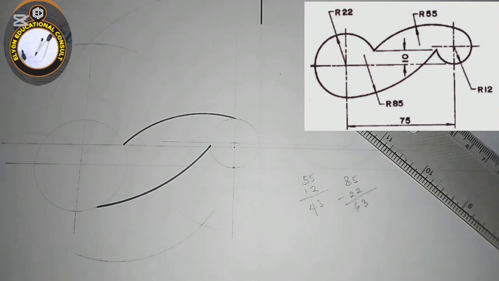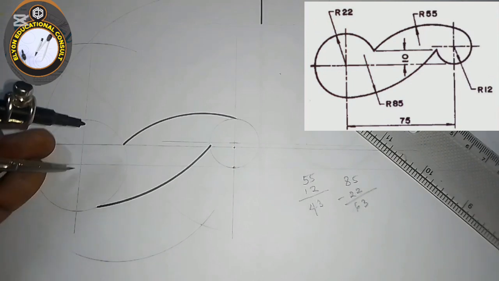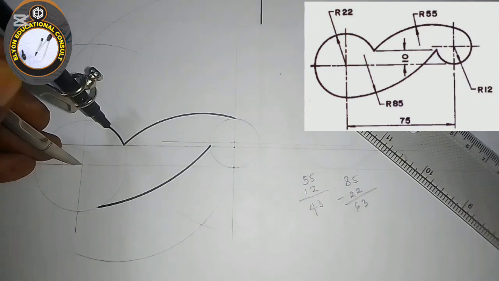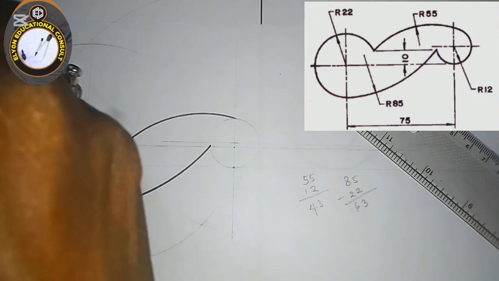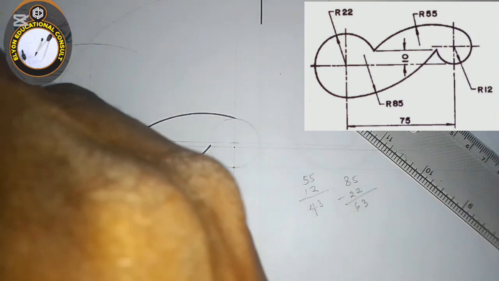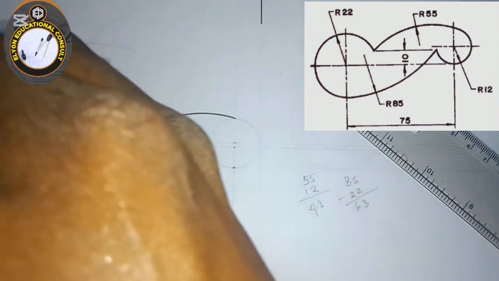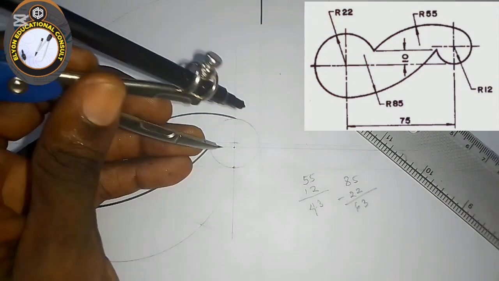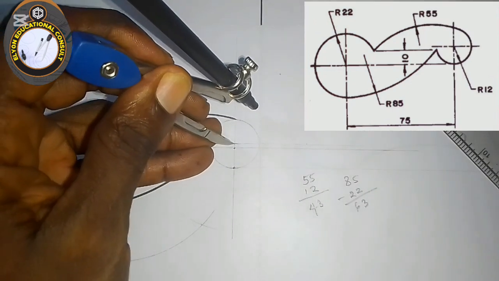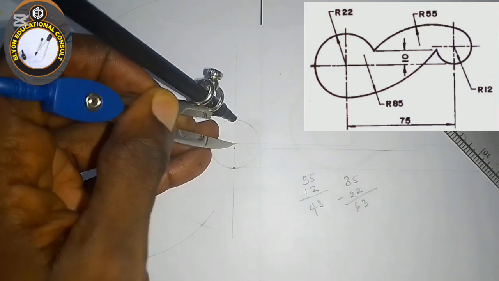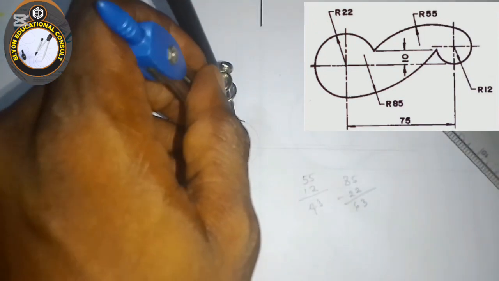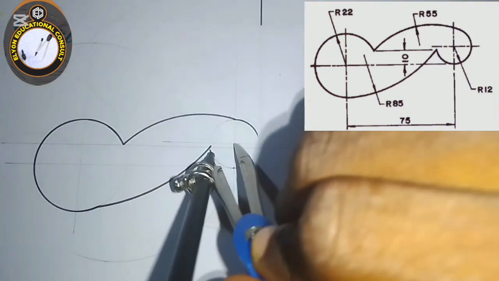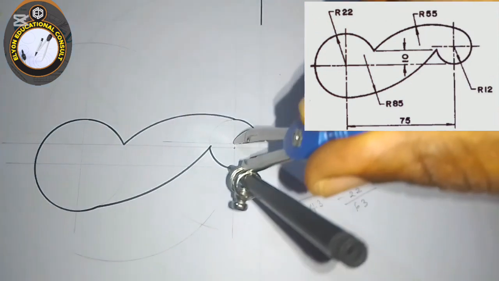Alright, so the next thing now, we take out the circle this way, this way, to this part, like that. Then we do for this other side as well.